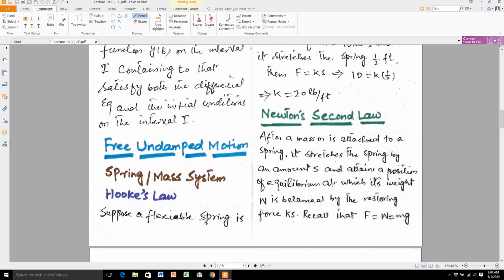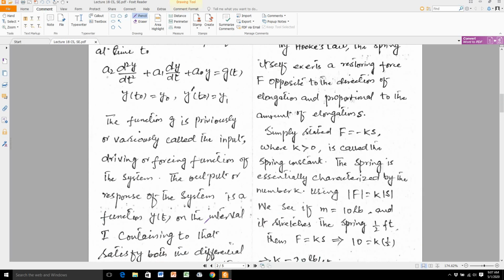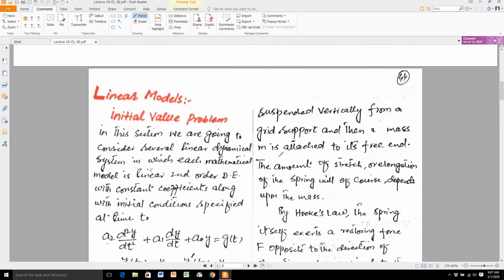Suppose a flexible spring is suspended vertically from a rigid support, and then a mass m is attached to its free end. The amount of stretch or elongation of the spring will, of course, depend upon the mass.